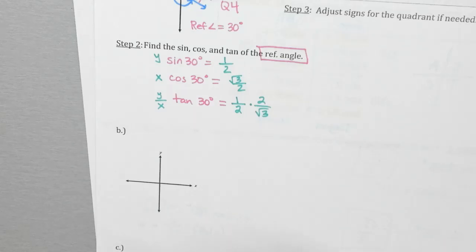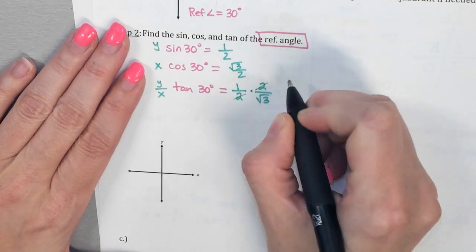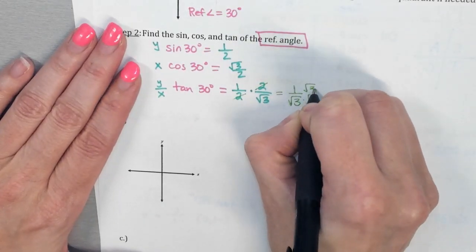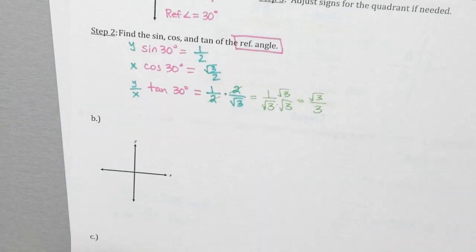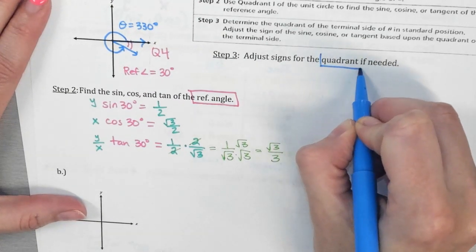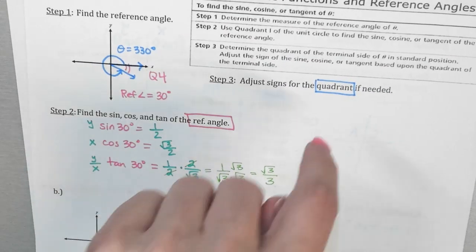Okay, so what'd you guys get for tangent? Root 3 over 3. Good. So you have 1 over root 3, and then you have to rationalize. Good. So we have root 3 over 3. All right. Your last step is just to adjust for your quadrant. The reason why it says if needed is if it's in quadrant 1, these are going to match.